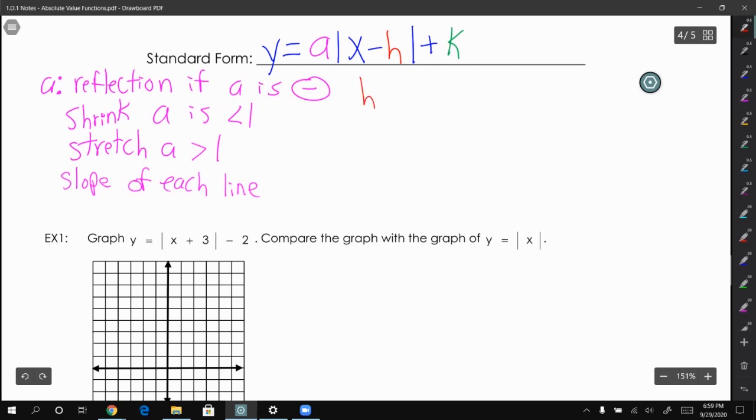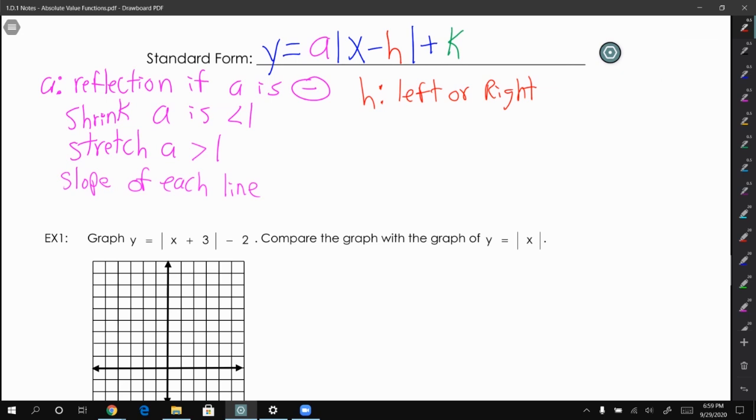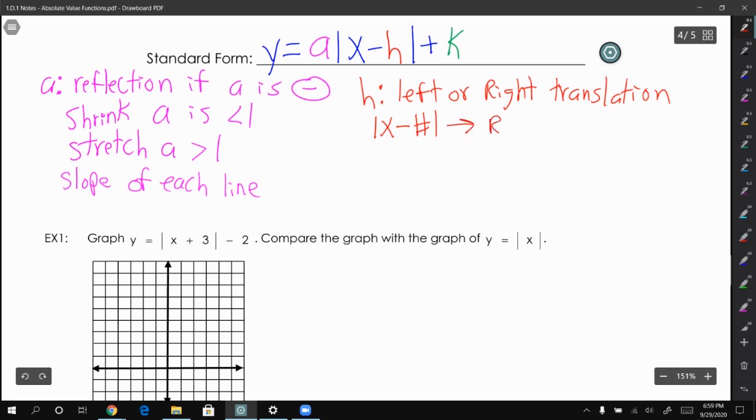Now the H tells us left or right translation. You know, we talked about translations in geometry. So instead of saying the word shifting, let's say translation. Okay, if it was, again, x minus a number, it went right.